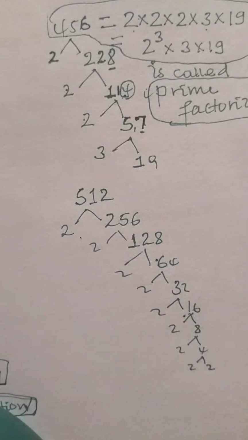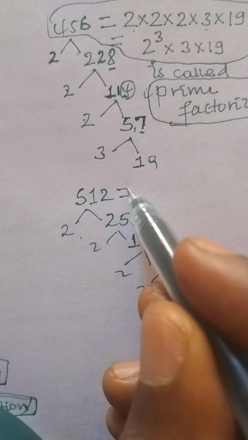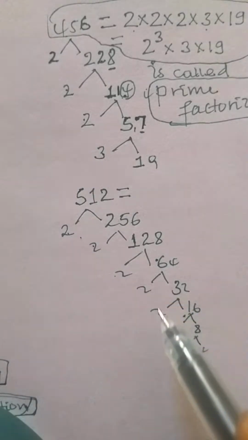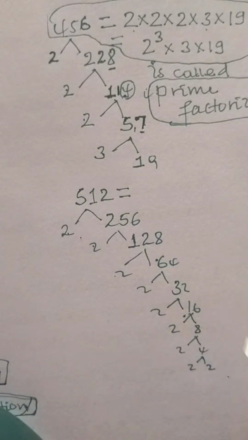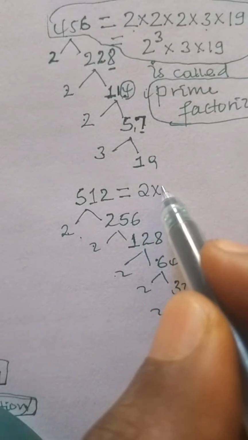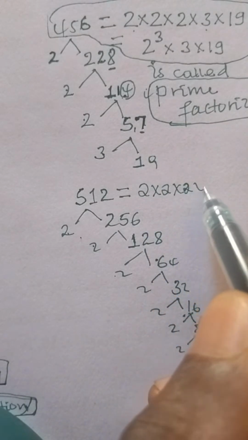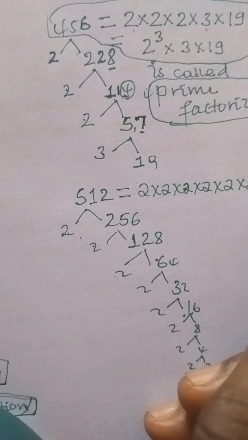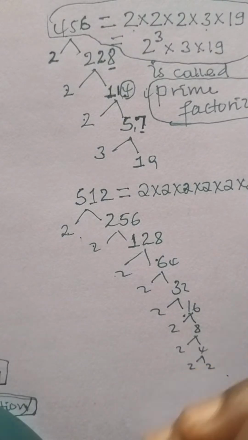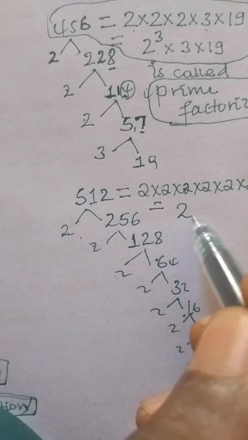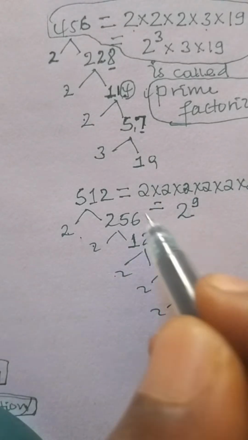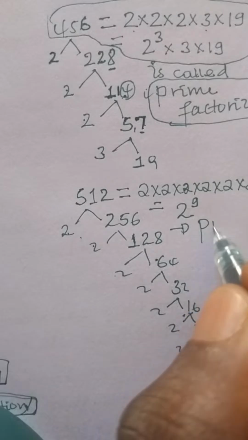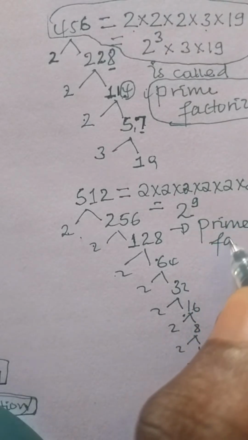Look, 512 can be explained as 2 multiplied nine times, or you can explain it as 2 to the power of 9. This kind of expression is called prime factorization.